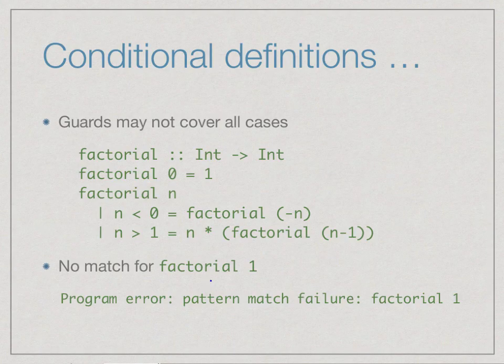If I say factorial of 3, it will be 3 times factorial 2, 2 times factorial 1. And when I try to evaluate factorial 1, I'll get this error message saying program match failure. So not just if I provide factorial 1, but if I provide factorial of anything, even though the first few times it may match, eventually the computation will come down to factorial 1, and I'll get this error. Okay? So it is your responsibility to make sure that the conditional definitions cover all the cases so that no function value is undefined.